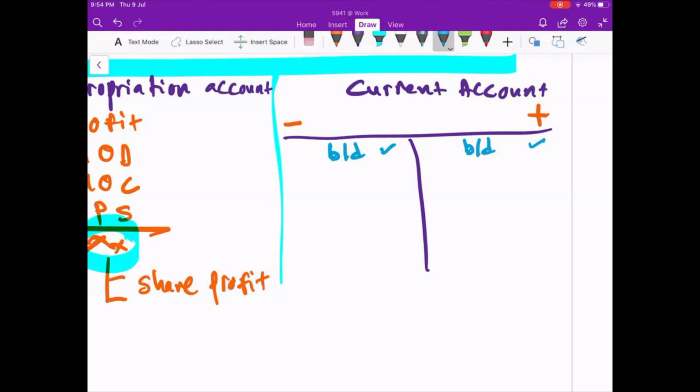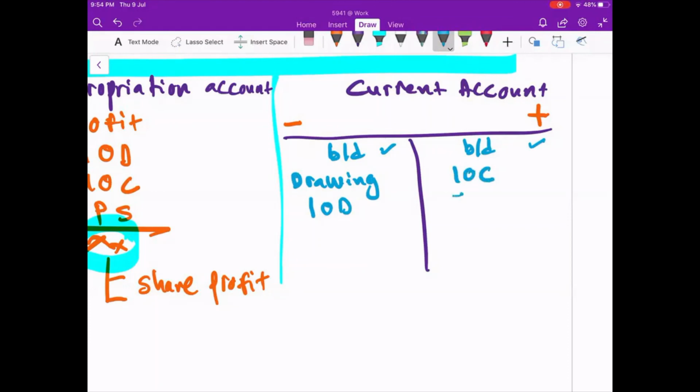Okay. And what are the main items in a current account? The maximum items are all the items that I wrote now. So you can remember in the exam. The drawings normally will be on the debit side, and the interest on drawings will be on the debit side also. After that, on the credit side, we have interest on capital.